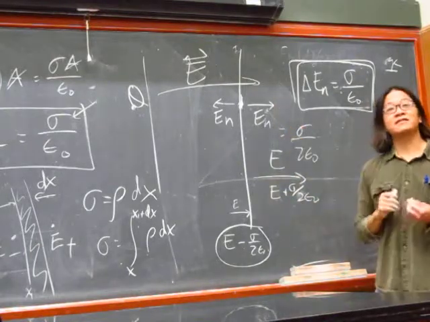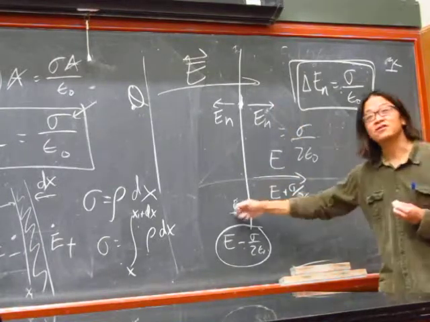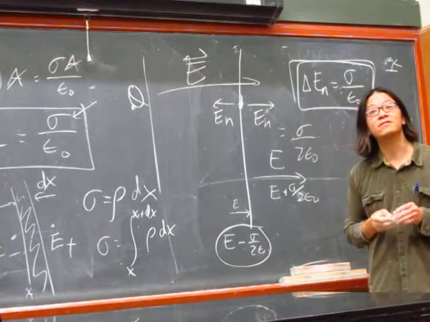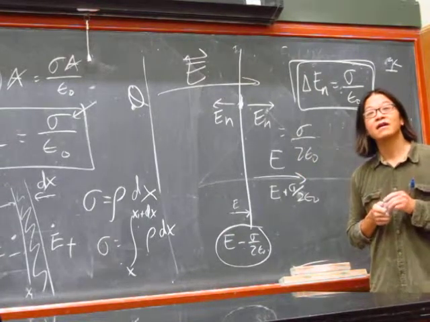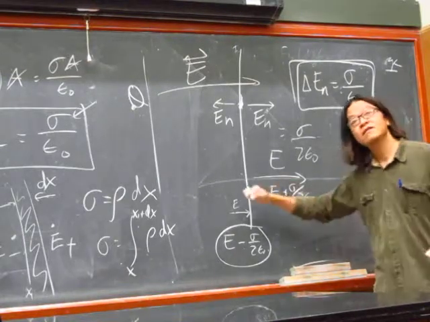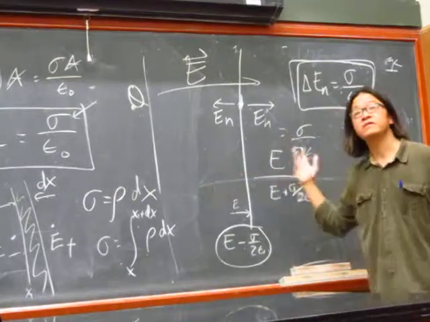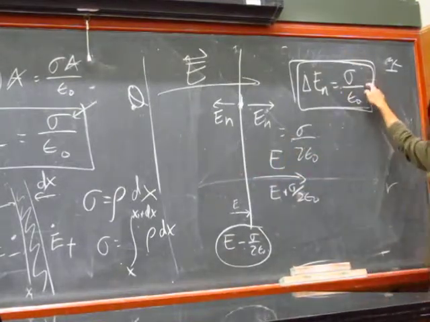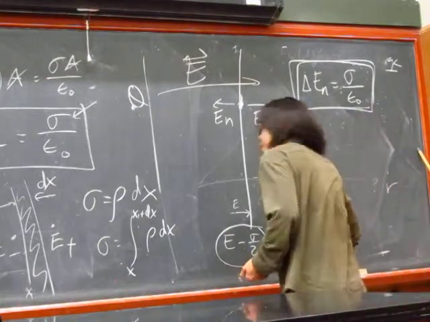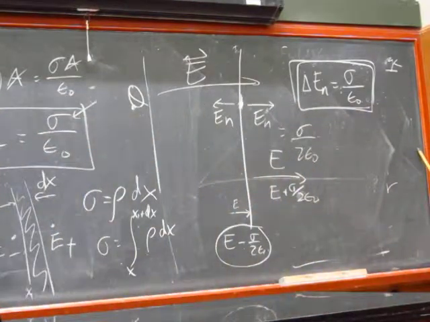Across any surface charge density, there is always a discontinuity in the electric field. That's the lesson here that I want to emphasize. Anytime you have a surface charge density, above and below, there is a discontinuity of this much, sigma over epsilon naught.